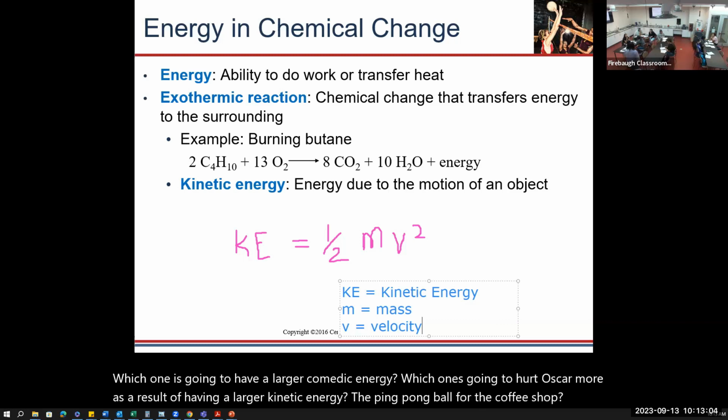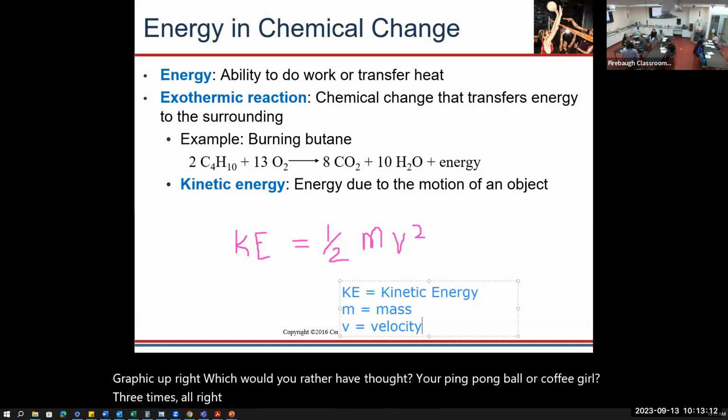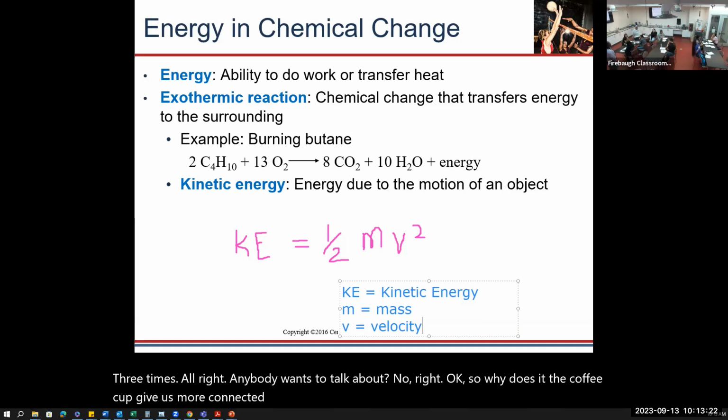Coffee cup, right? Which one would you rather have thrown at you, ping pong ball or coffee cup? Ping pong ball, right? Anybody with a coffee cup? No. Okay, so why does the coffee cup give us more kinetic energy if we're at the same speed? It weighs more, right?